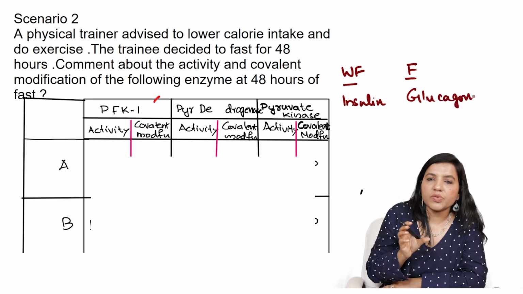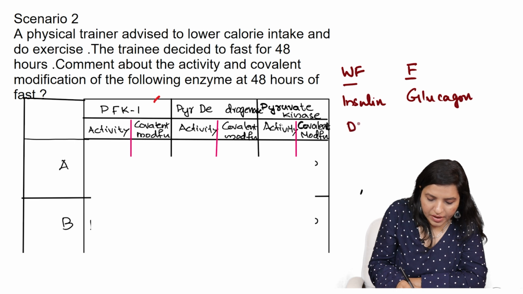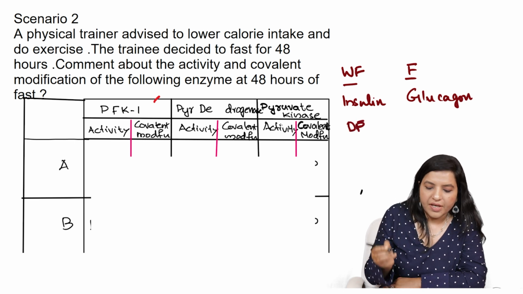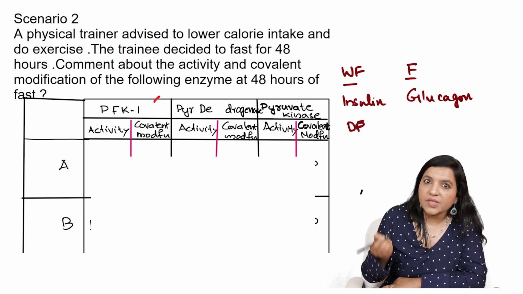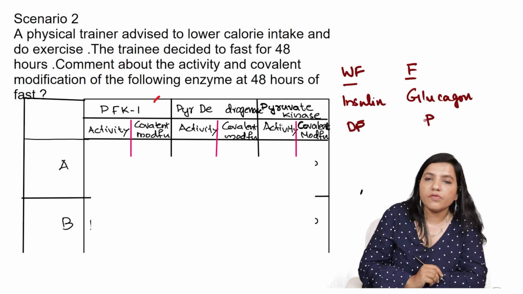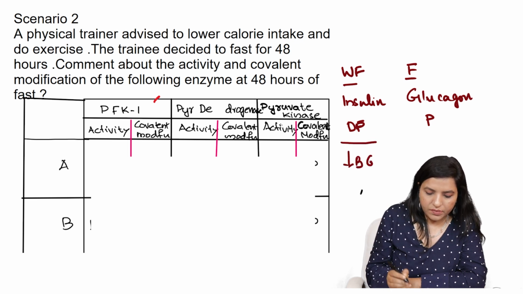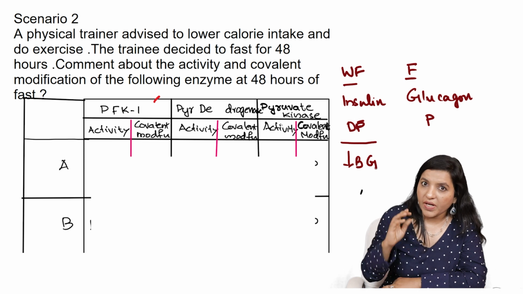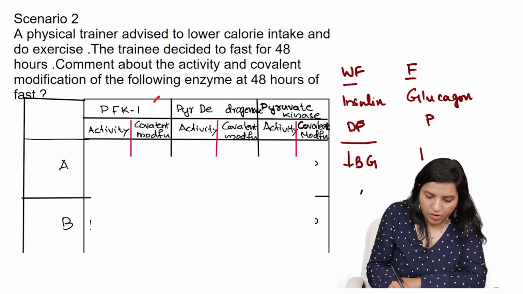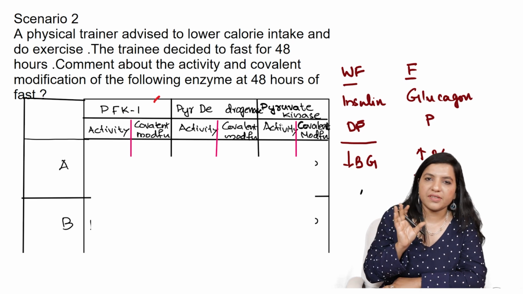The enzyme which is active under the influence of insulin is active in the dephosphorylated state, whereas the enzyme that is active under the influence of glucagon will be in the phosphorylated state. The aim of the well fed state is to decrease the blood glucose, whereas the aim of the fasting stage, with a different hormone, is to increase the blood glucose. So, this is the basic concept.